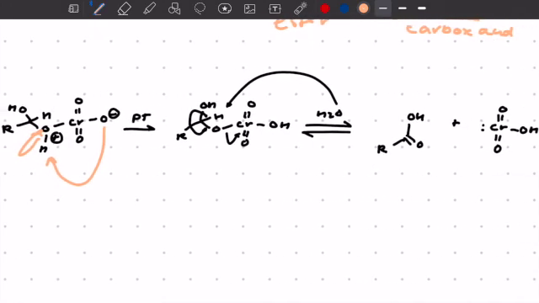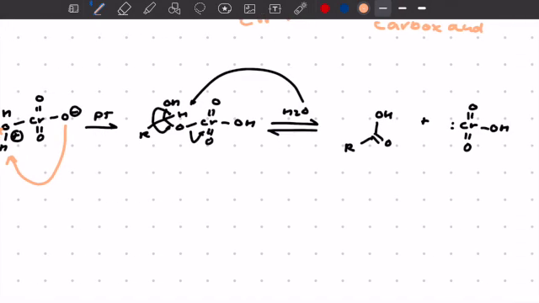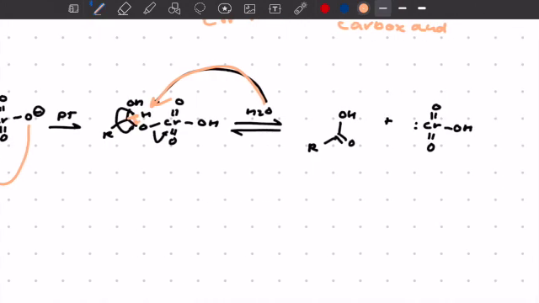And in order to, again, stabilize the chromium, we're going to have a water molecule come on in, steal this hydrogen, and then this bond on the hydrogen is going to form the double bond on the oxygen.